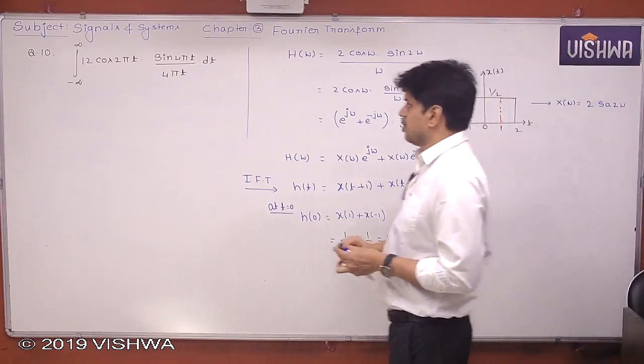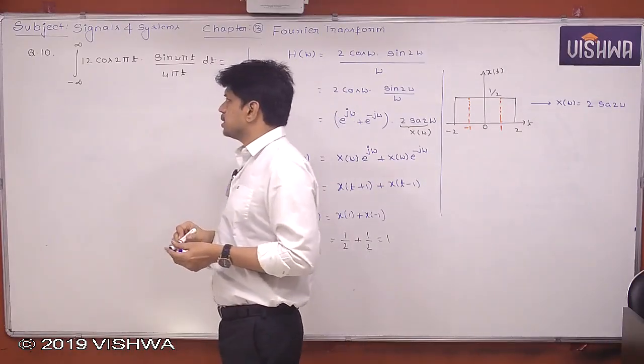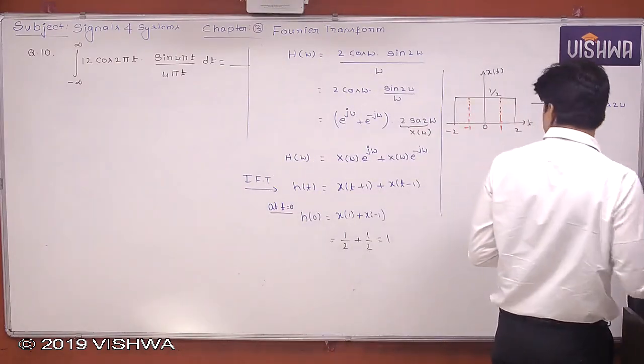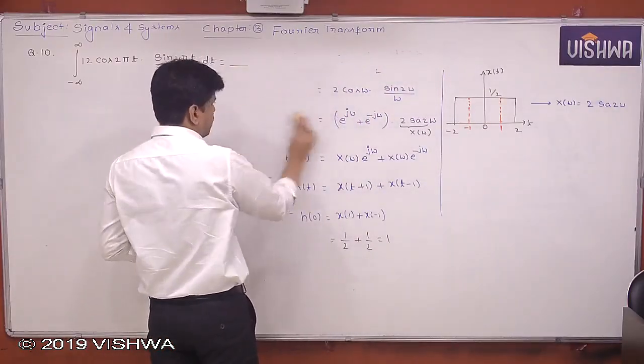What is the integral value equal to? Nothing else is mentioned, they just ask what the integral value is. Many people think that it is a mathematics question, but it is not. It is a signals and systems question. So let's see how to solve this question.